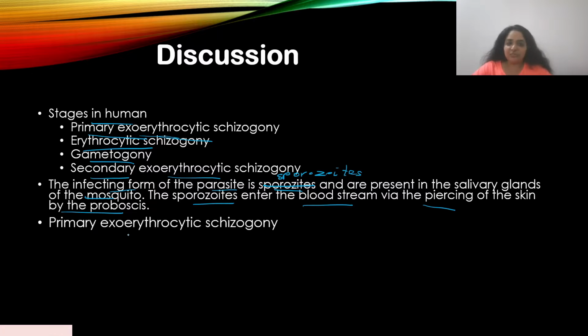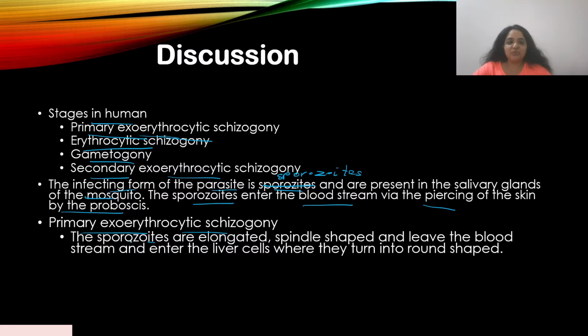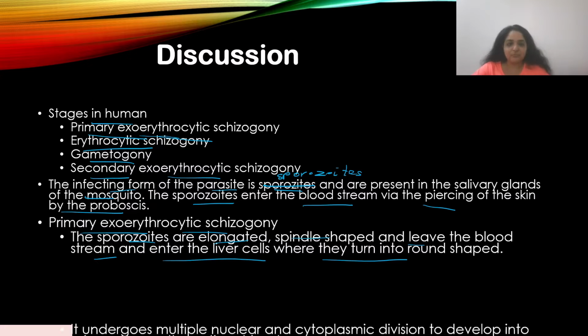Once the sporozoites enter the bloodstream, primary exoerythrocytic schizogony begins to happen. Sporozoites are elongated and spindle-shaped. They leave the bloodstream and enter the liver cells, the hepatic cells, where they turn round shaped.